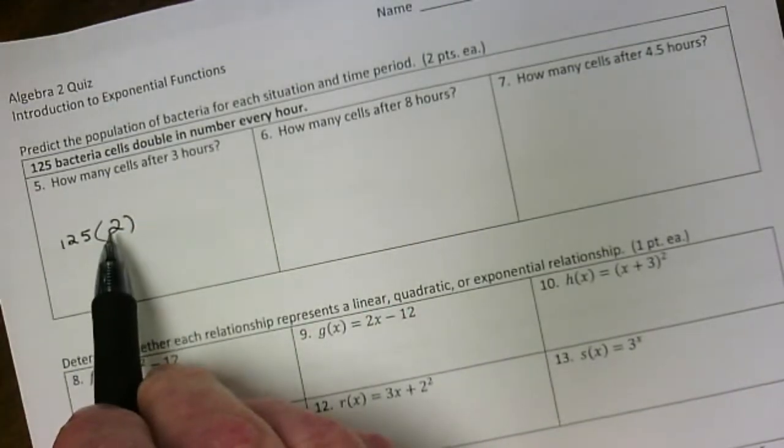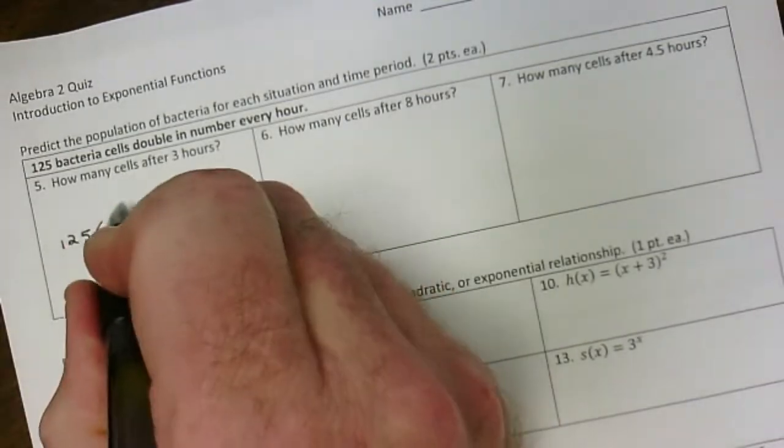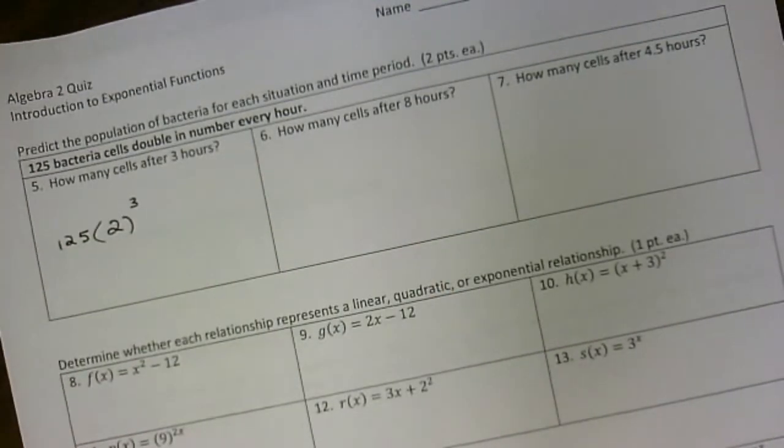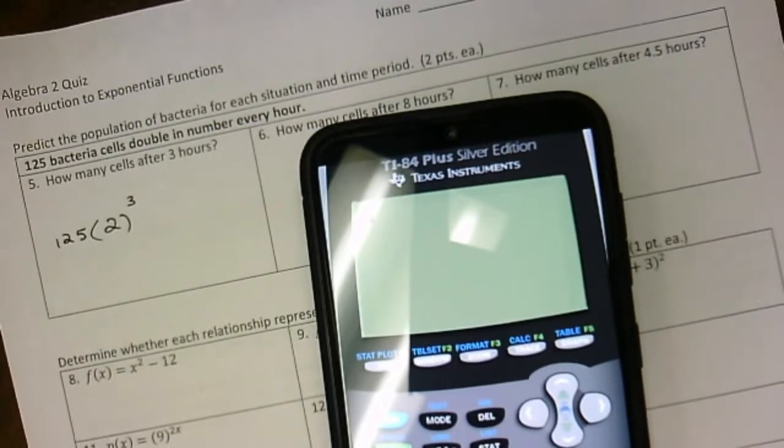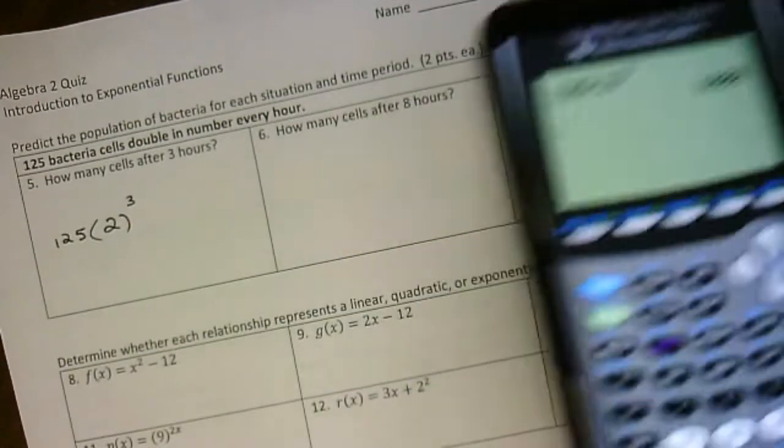And if they double every hour for 3 hours, the number of times we're going to use that multiplier is 3. So at this point, we can either use our calculators, or if you don't have a calculator, you can write it out. But we're going to take 125 times 2 cubed, and we'll get 1,000.